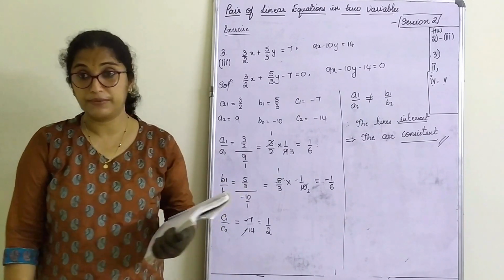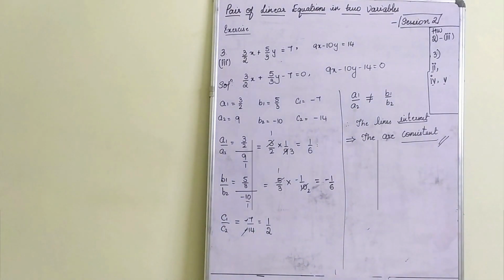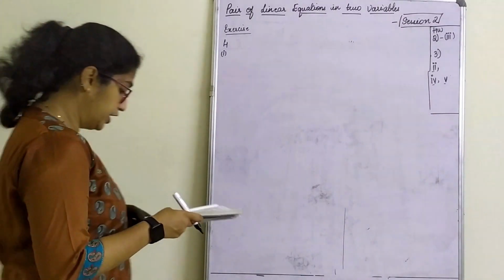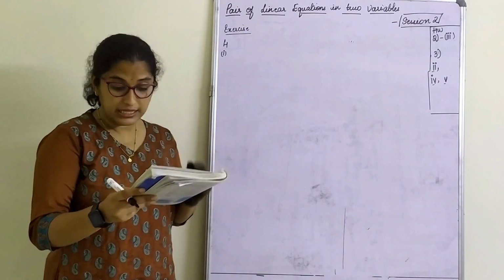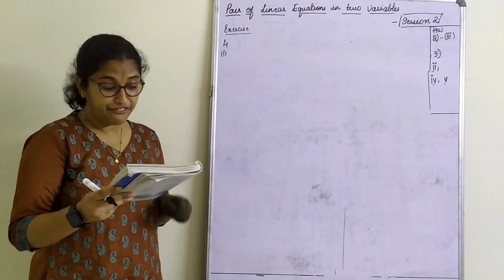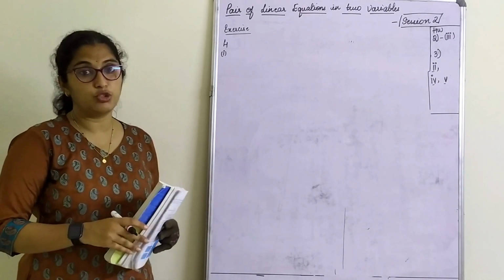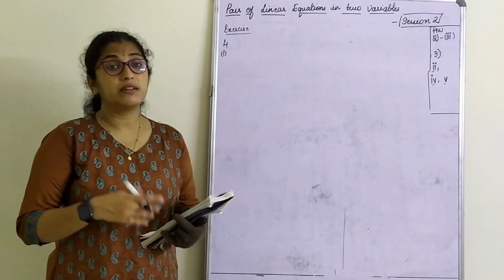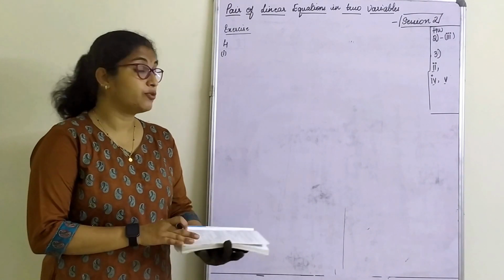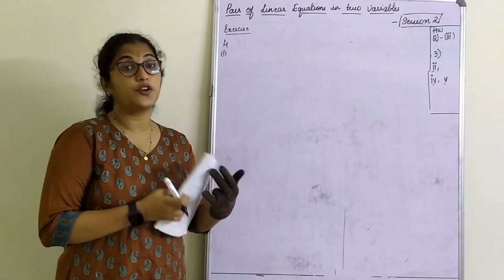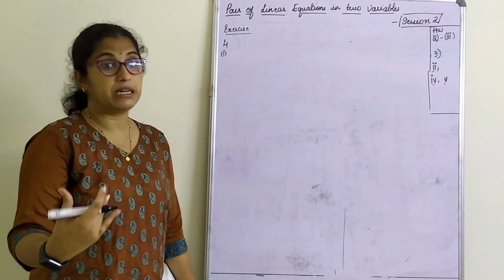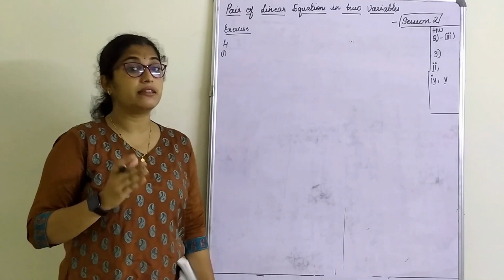Quickly copy the fourth one. Fourthly, which of the following pairs of linear equations are consistent or inconsistent? If consistent, obtain the solution graphically. How do you know whether the pair of linear equations is consistent or inconsistent? By finding the ratios A1 by A2, B1 by B2, C1 by C2 and comparing them.